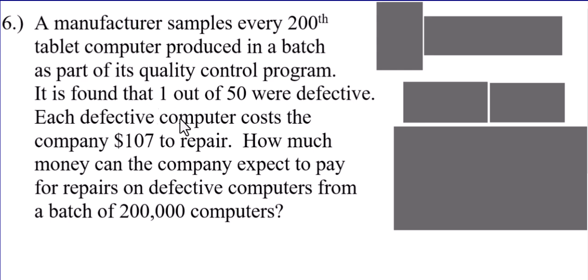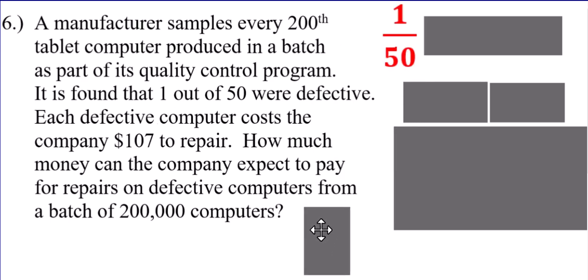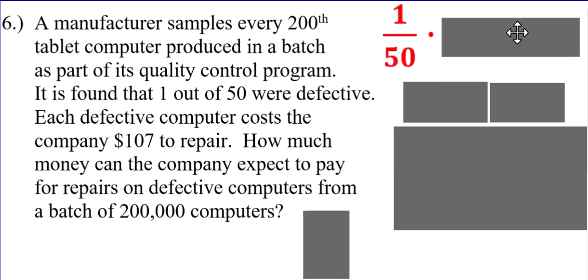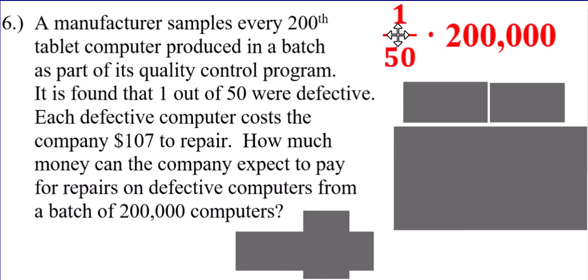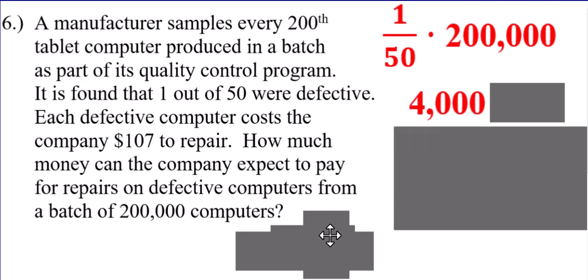So we can take our ratio, 1 out of 50, and multiply that times 200,000. By the way, if the numerator is 1, then you could just take this 200,000 and divide by the denominator, either way, and that's going to give you 4,000 computers. That could be defective. That's not a great number.